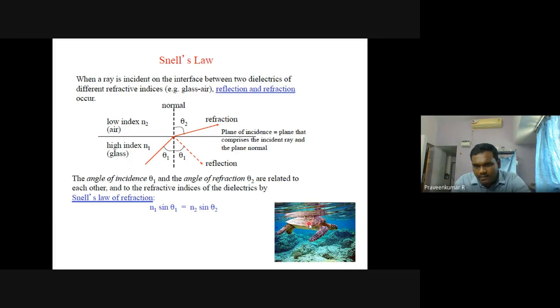Here we have mentioned air and glass, but for this example I am taking air and water. You can see the entire image of the turtle under the sea or under the water. So that is the concept behind Snell's law.